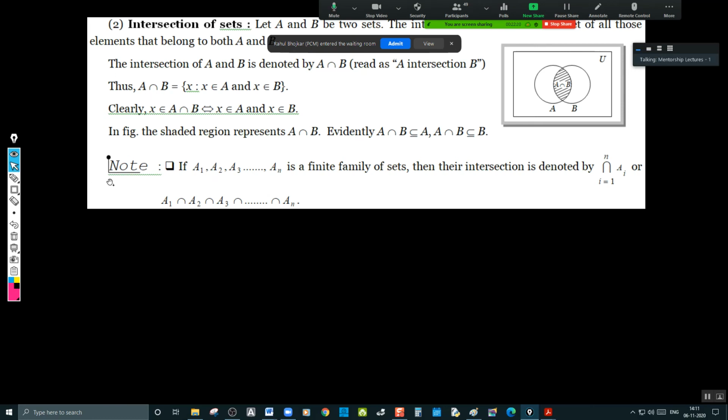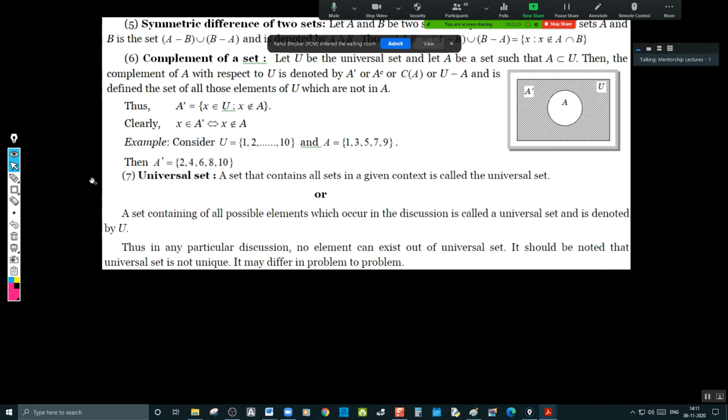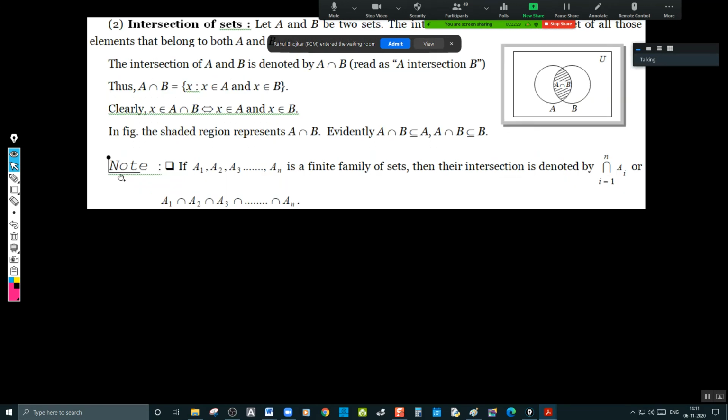the union of n sets. Union of n sets is denoted like sigma notation. It is shown like this: union of i runs from 1 to n.